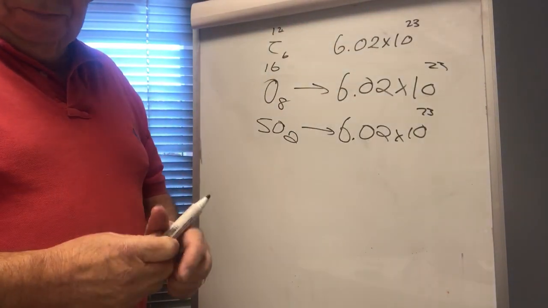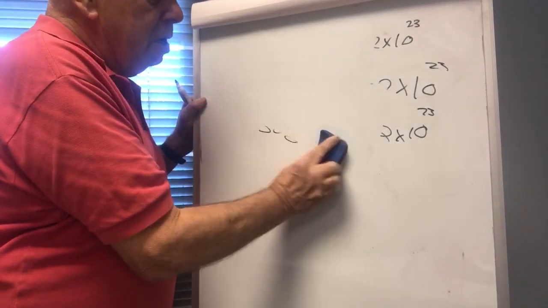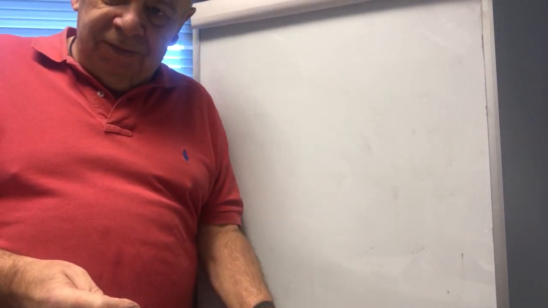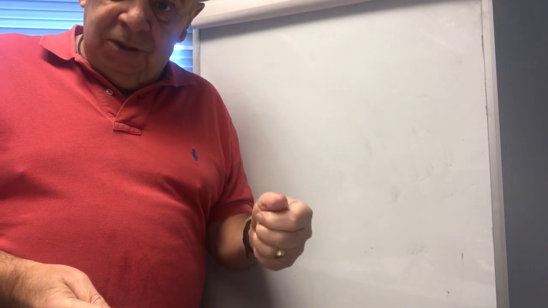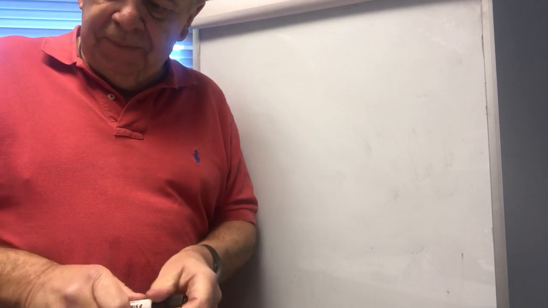That constant is called Avogadro's number, and it states that the relative atomic mass of all elements contain the same number of atoms, which is 6.02 times 10 to the 23.